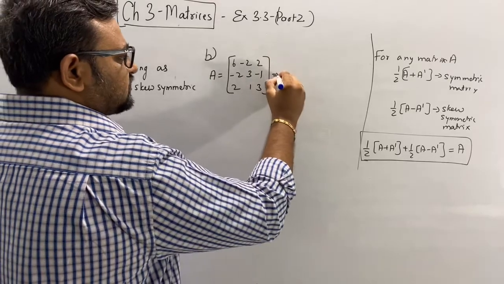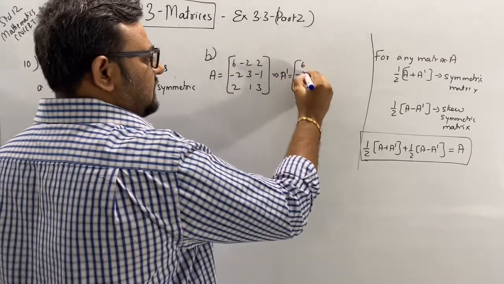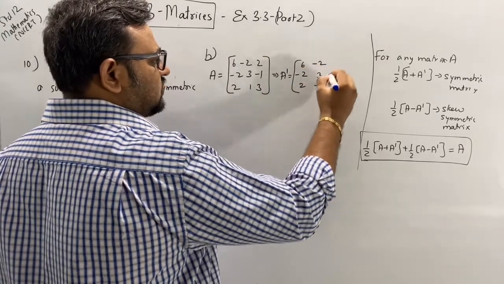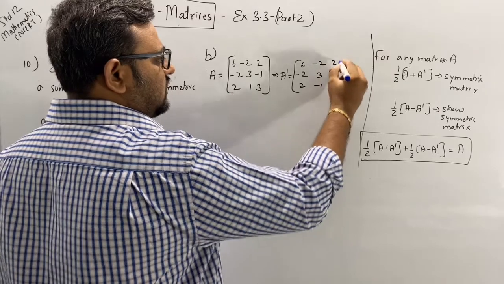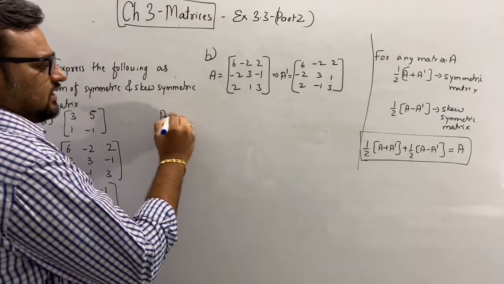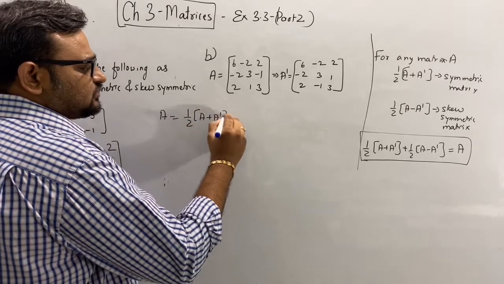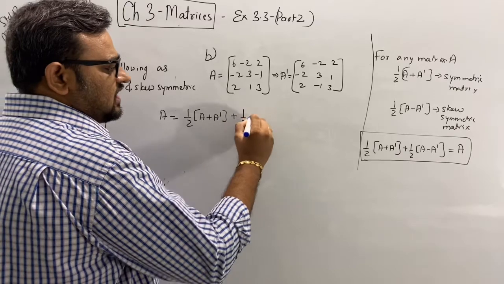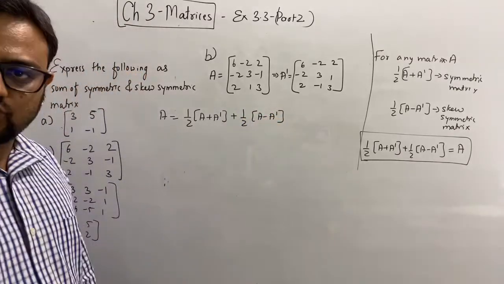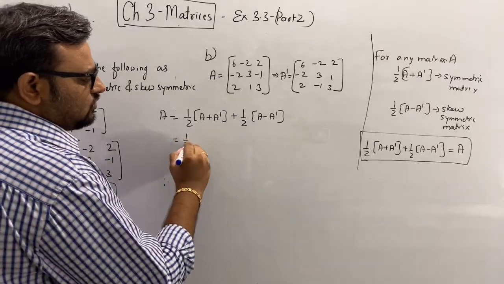So A transpose will be equal to 6 minus 2, 2, minus 2, 3 minus 1, 2, 1, 3. Okay, so I can write it down. A equal to half A plus A transpose plus half A minus A transpose. So this will be equal to half.